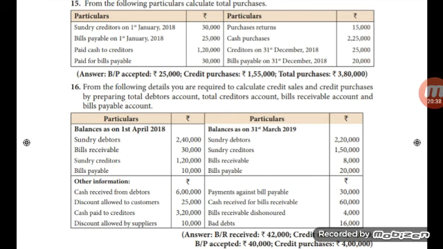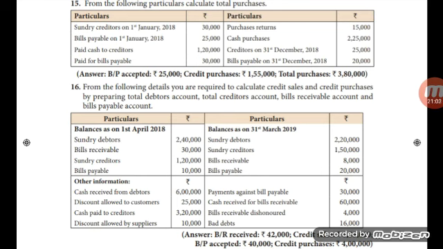Next, prepare total creditors account. Creditor is also a liability, so enter the opening balance on the credit side as by balance brought down. The amount is 30,000. Next, on the debit side, to cash paid to creditors 1,20,000. Next, to purchases returned 15,000.